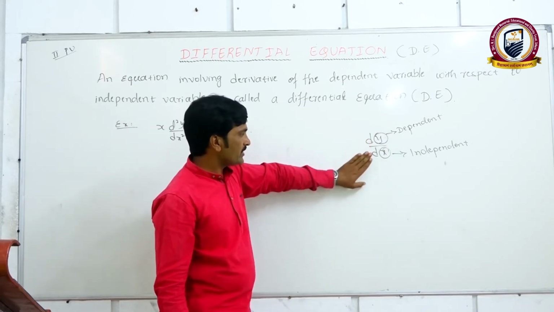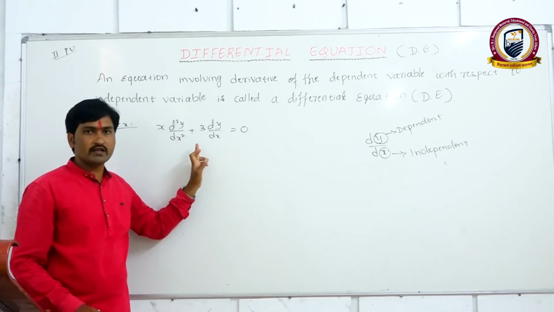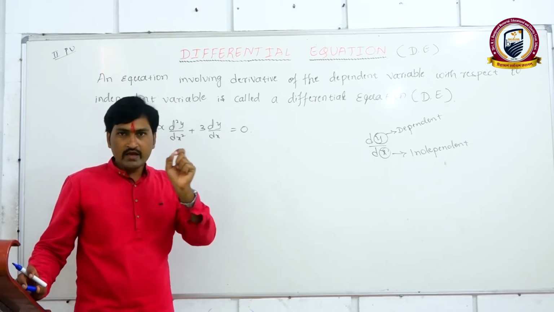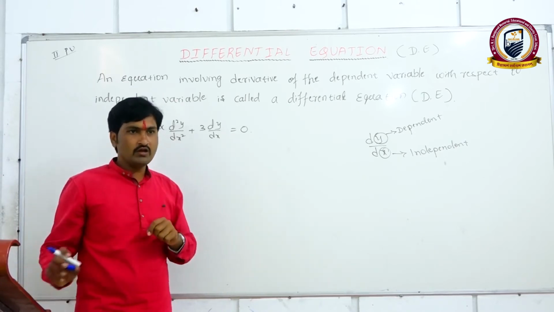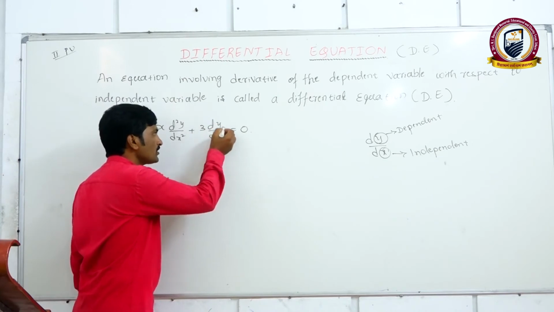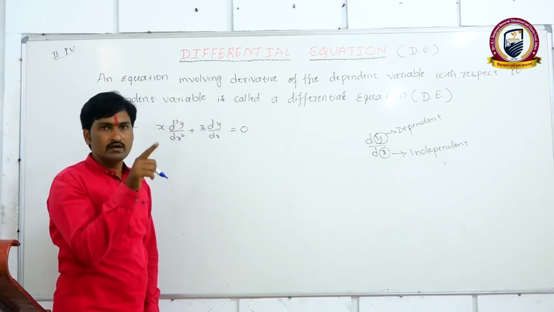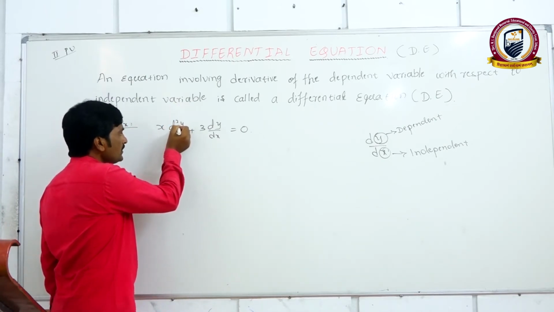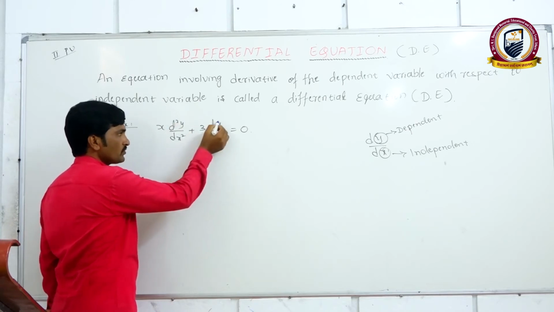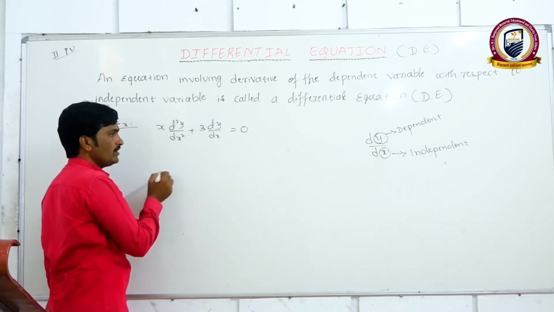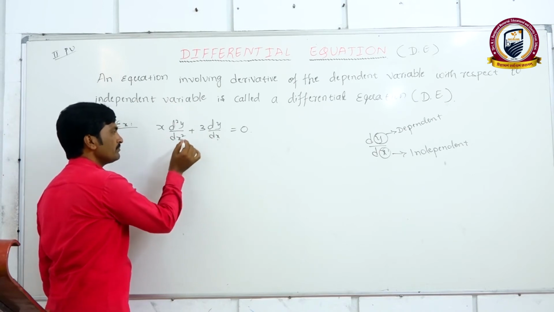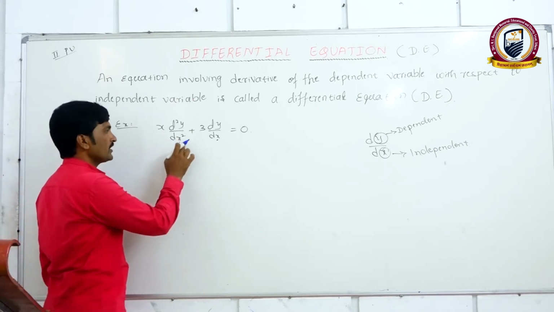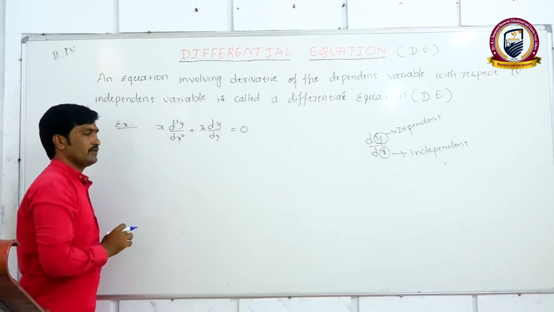This dy by dx is there in the given equation. So the definition is: any equation involving the derivative term of the dependent variable with respect to the independent variable is called a differential equation.